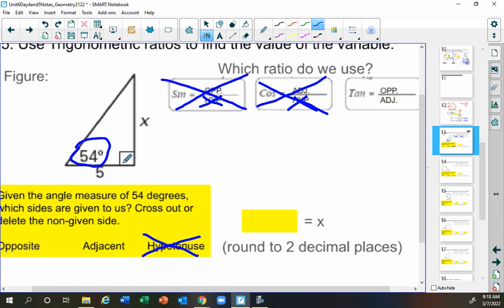Now, let's look at the x and the 5. Is the x the adjacent or the opposite side? Look at where 54 is. Who'd like to take a guess? The 5 is the adjacent side, because it's touching the 54-degree angle. So the adjacent is the 5, which means the x is the opposite.